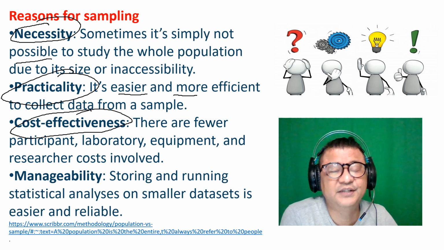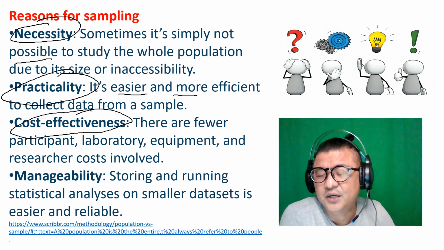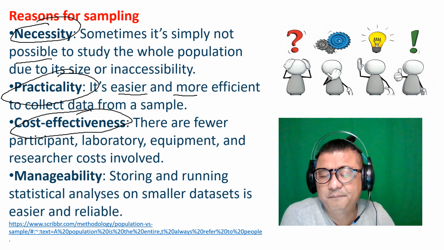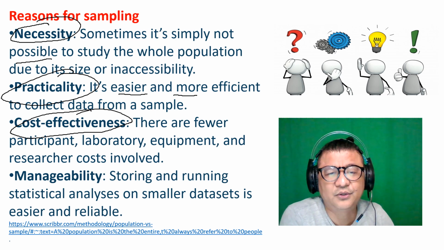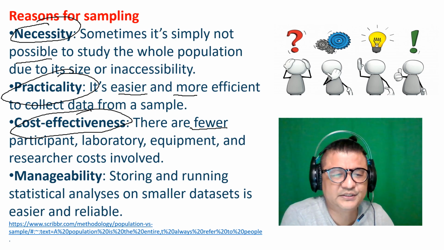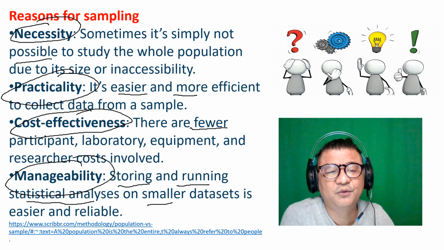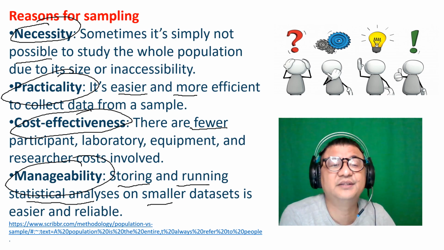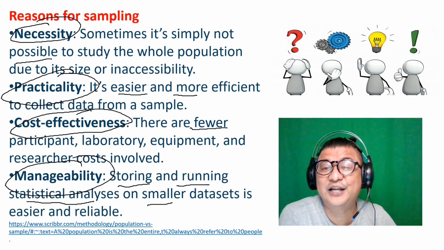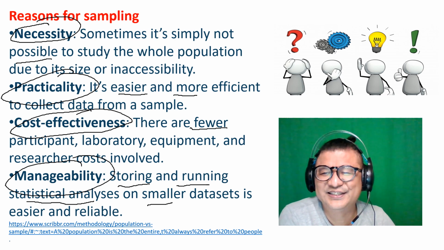Cost effectiveness. I don't need to print 1,000 papers for interview, no, only a fewer number of participants. Manageability, to store, to run statistics analysis of a smaller data is easier and reliable. See, it makes your life easier.